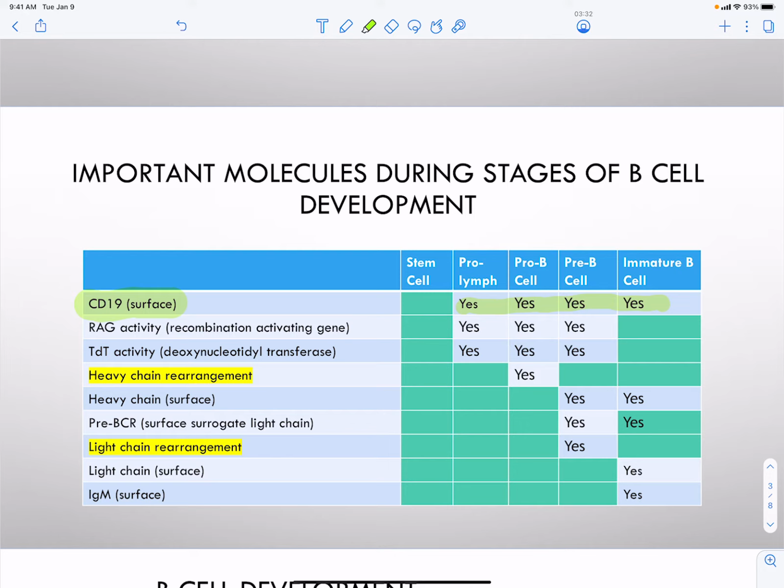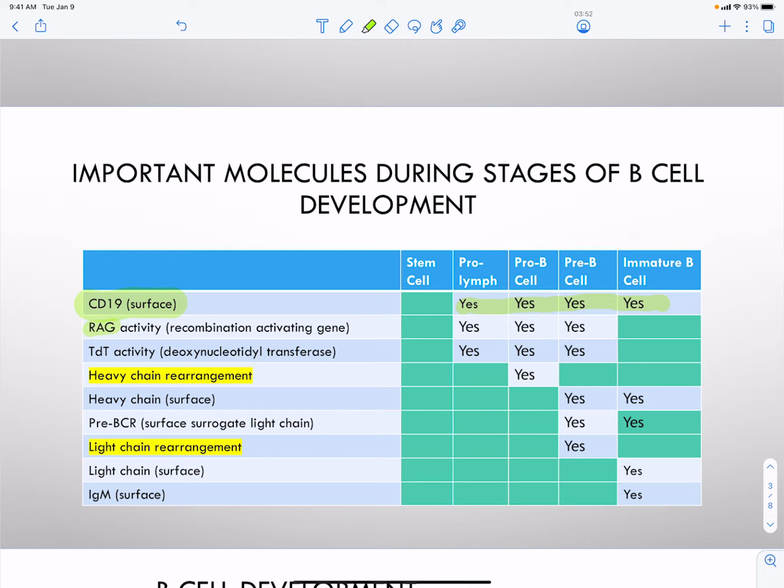Now, another molecule that's very important is RAG. RAG is recombination activating gene, and RAG, remember, was very important when we were rearranging the B cell receptors, the heavy chains and the light chains, and doing the VDJ rearrangement.